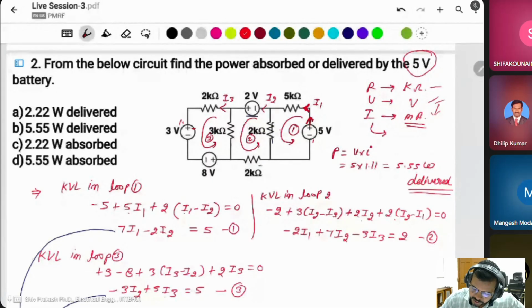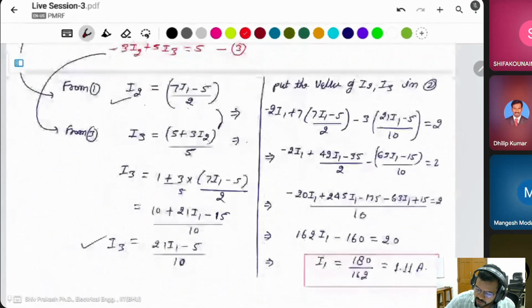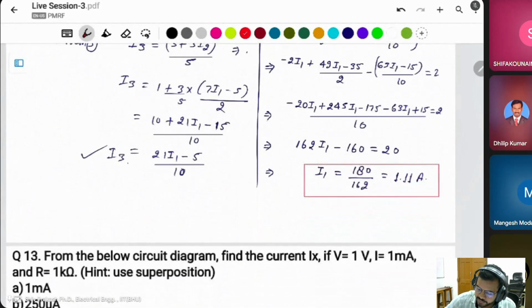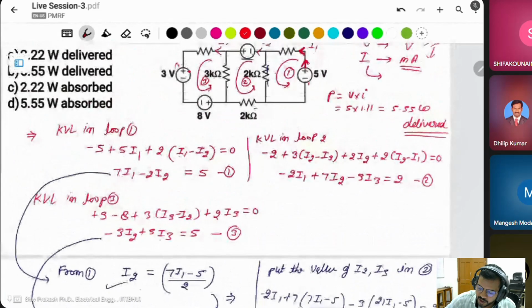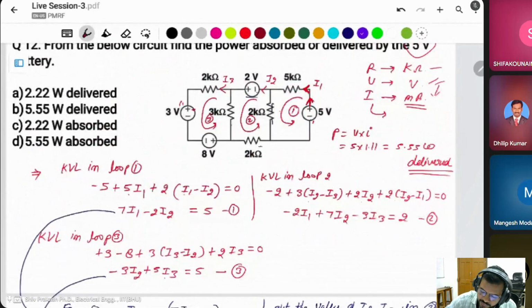Why delivered? Because the current is leaving from the positive. Suppose in your calculation this current is negative, I1 is minus 1.11, it means your observation is wrong. The current is flowing in the opposite direction, entering from negative. That's why this source acts like a sink, not a source.